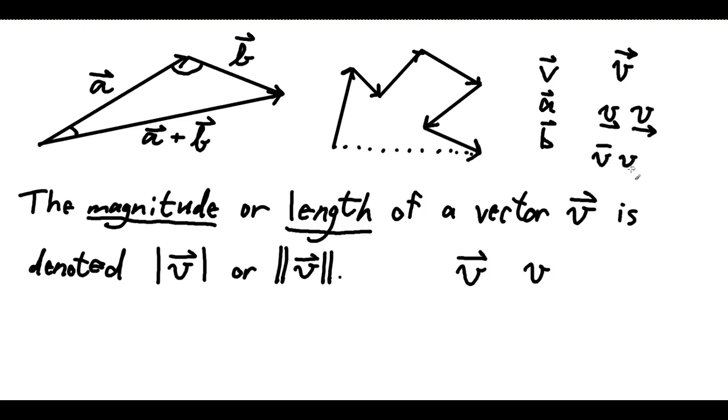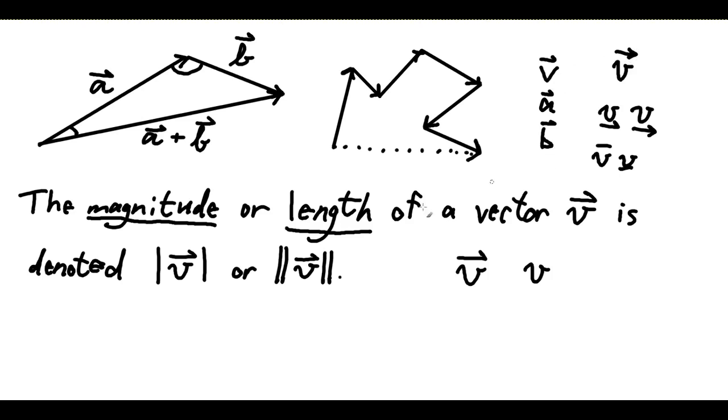Some people use just a bar above or below. These are slightly more common, but also they clash with other notations, right? The bar is sometimes used to represent an average value or an expected value or something like that. You can use what you want as long as you're consistent, but I do recommend one of the arrow notations as being the least ambiguous.